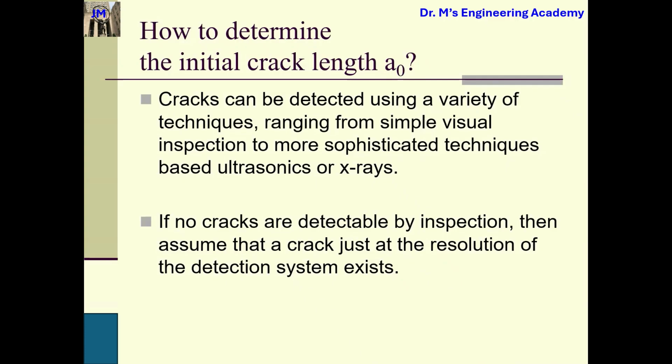X-rays is a highly sophisticated one; you can use it to detect the initial crack length. If no cracks are detectable by inspection, then assume the crack is just at the resolution of the detection system. So we just make some assumptions.